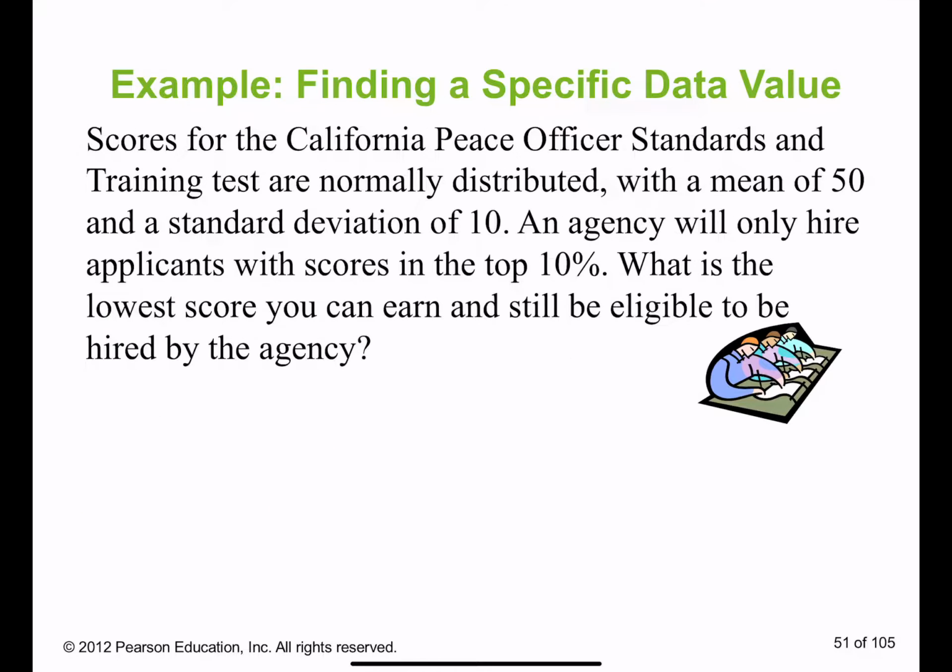Well, let's solve this one. Scores for the California Peace Officer Standards and Training Test are normally distributed with a mean of 50 and standard deviation 10. An agency will only hire applicants with score in the top 10%.